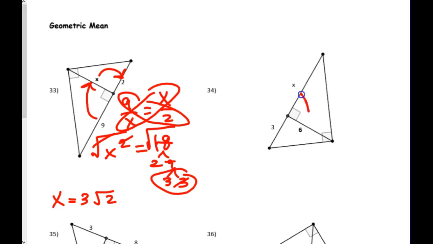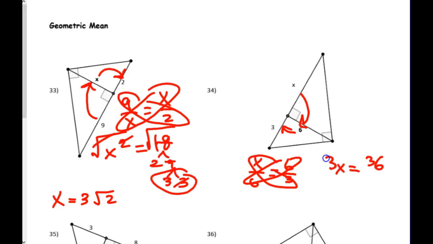Similar over here, this over this equals this over this. X over 6 equals 6 over 3. 6 times 6 is 36. X times 3 is 3x. No square, but we do have a coefficient, so we're going to divide. 36 over 3 is 12.